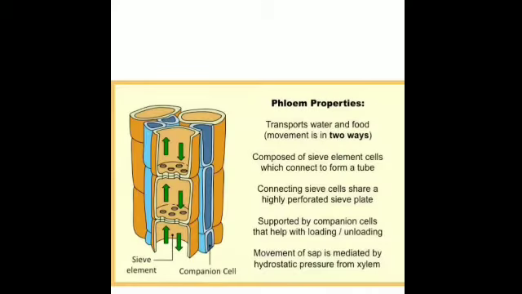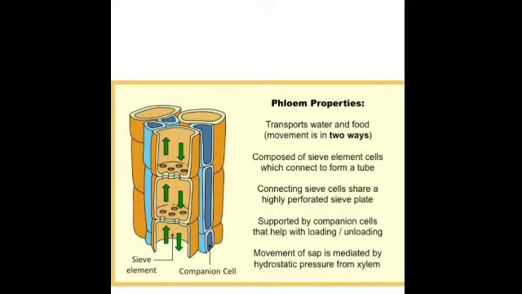Sieve tubes conduct the food, and companion cells also help in the conduction of the food material. Phloem parenchyma stores food for the phloem tissue, and the phloem fibers give mechanical strength to the plant.